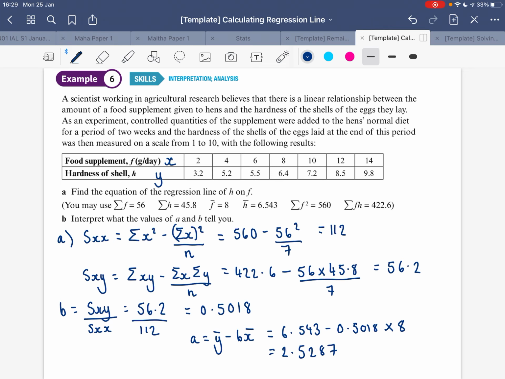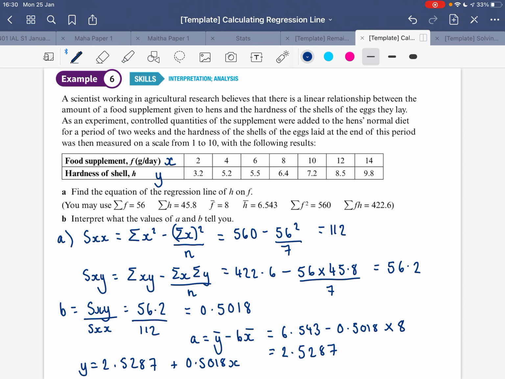Again, I'll keep 4 decimal places for A. So that means our equation is y equals, which one's A again? 2.5287 plus 0.5018x.